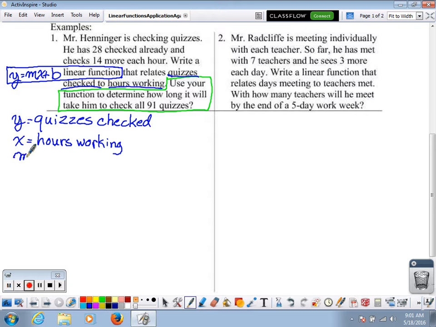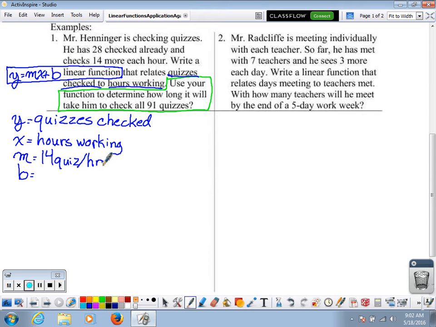Okay, then we go back again, and we look for an m, and we look for a b, a rate. We're looking for a place where they tell us quizzes checked per hour, y's per x. And what do we see? 14. He checks 14 quizzes per hour. We also need a starting point.